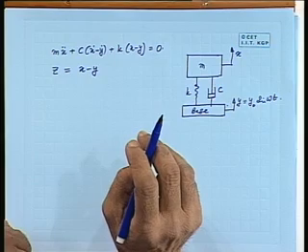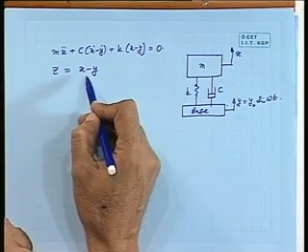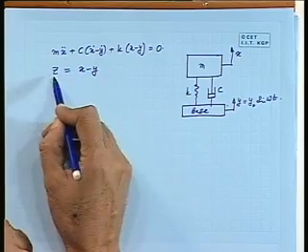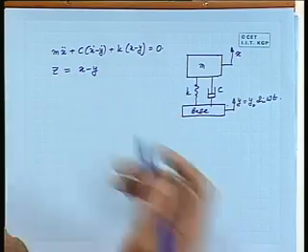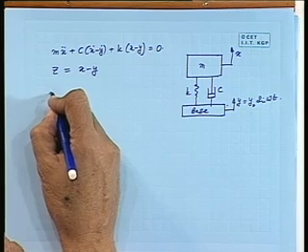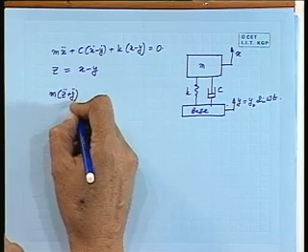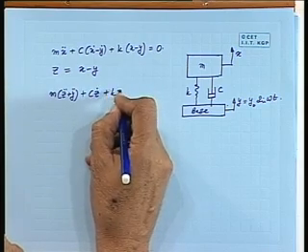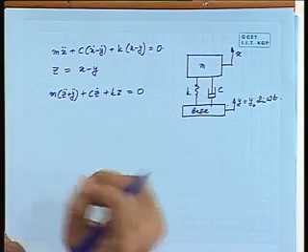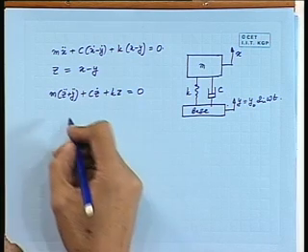Okay. And if I put it, x double dot will become z double dot plus y double dot. So, substituting this here, right.